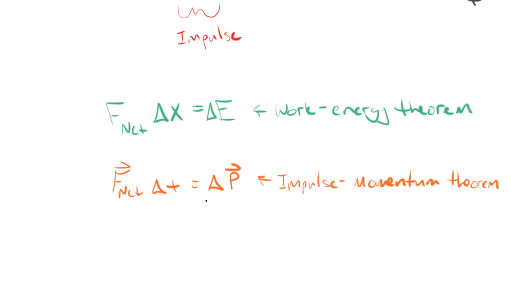And this is basically doing the same thing. It's giving us a way to figure out how the variables that we're really interested in when we're talking about motion, namely velocity, are changing without really taking into account any of the details that are happening while the change is happening, while that force is being exerted. And we could use this to solve some pretty interesting problems. And so that's what we're going to spend the next day and a half doing.